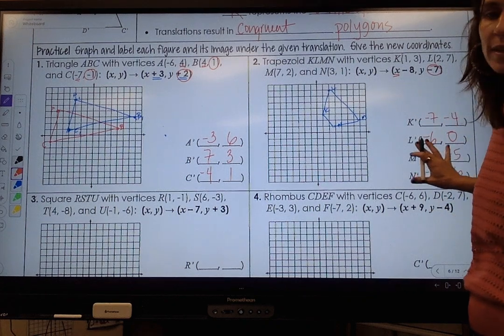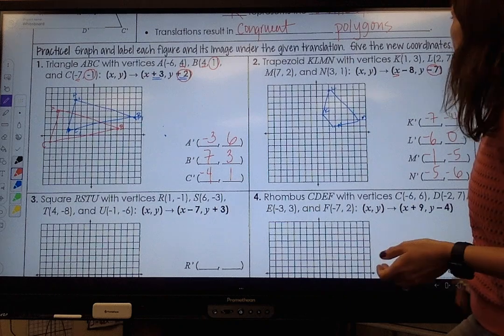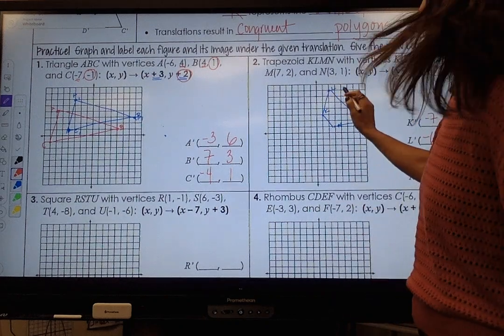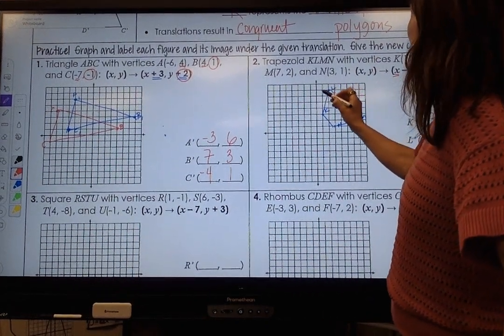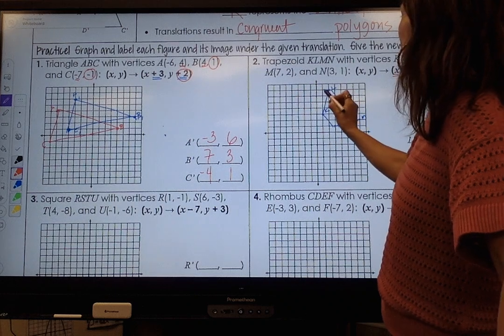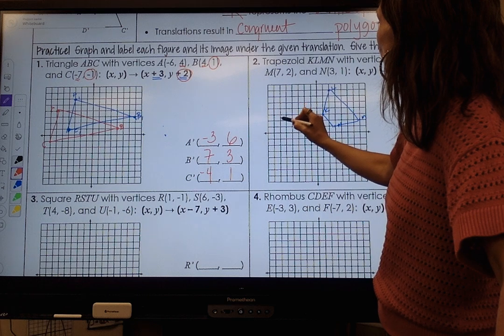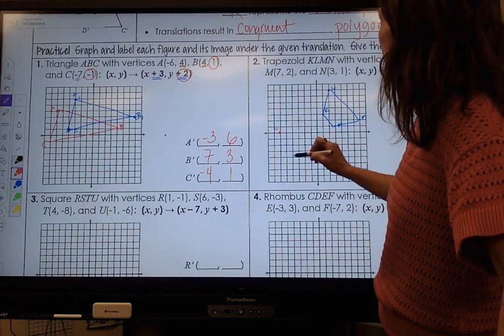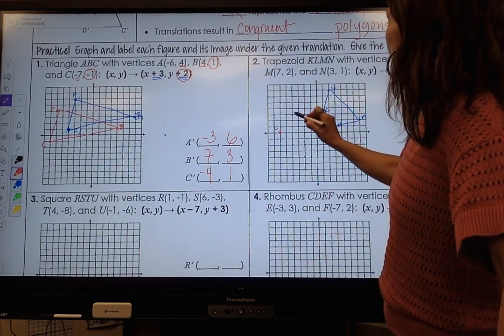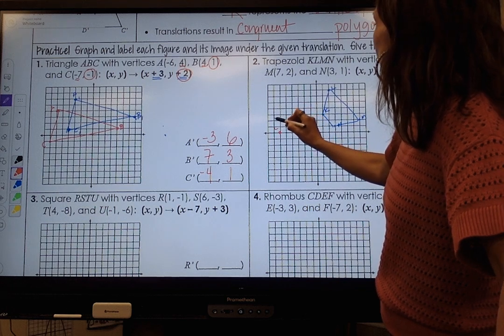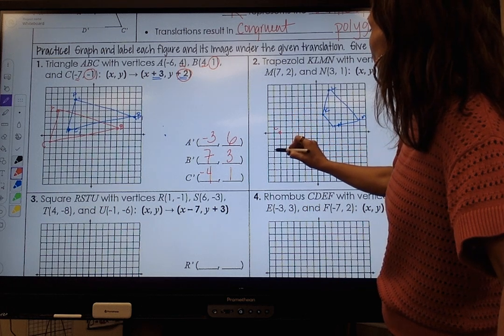Remember, you can just take here, and my pattern is to go to the left 8 and down 7. So I can go 1, 2, 3, 4, 5, 6, 7, 8. 1, 2, 3, 4, 5, 6, 7. There's L. Then 1 through 8 and 1 through 7.